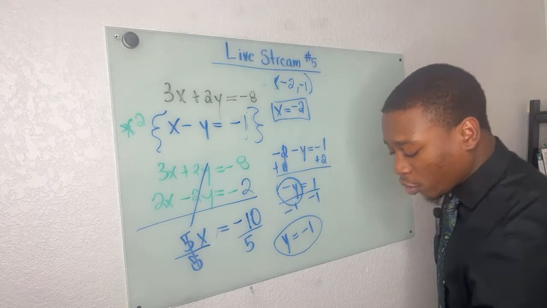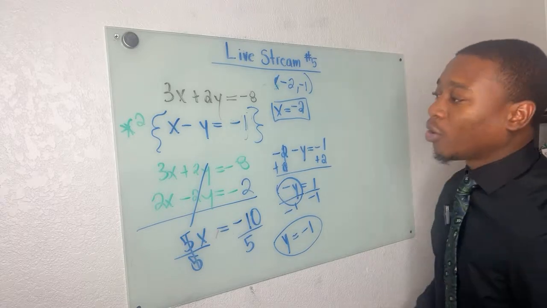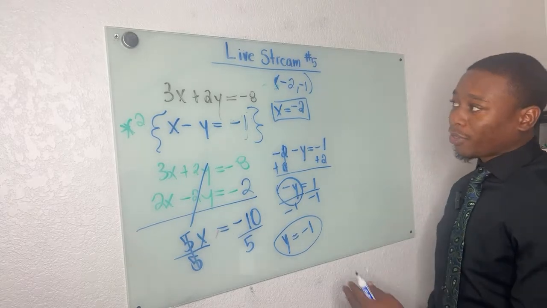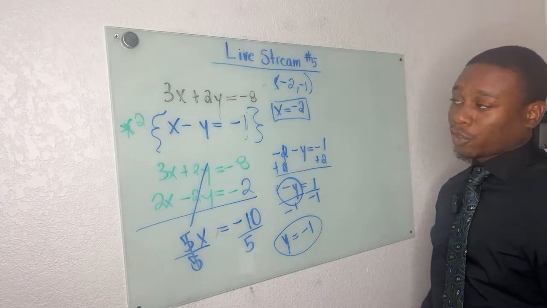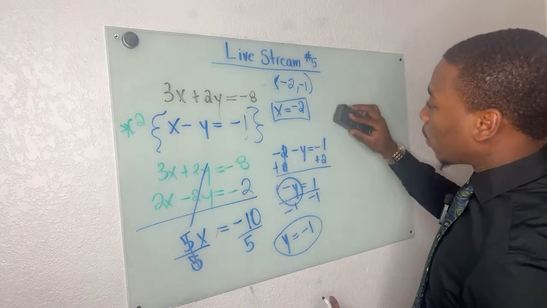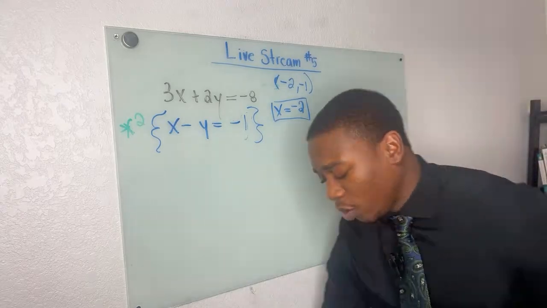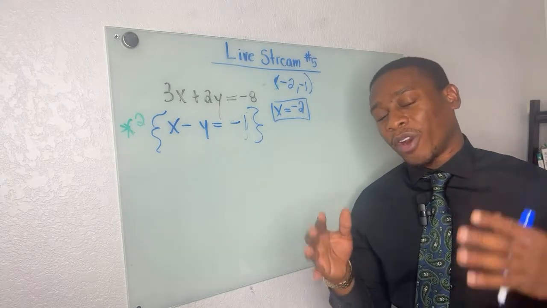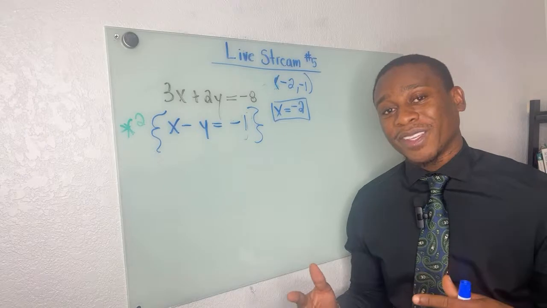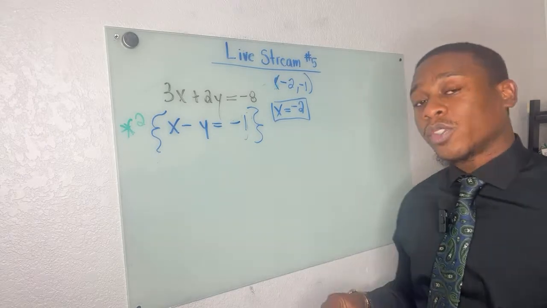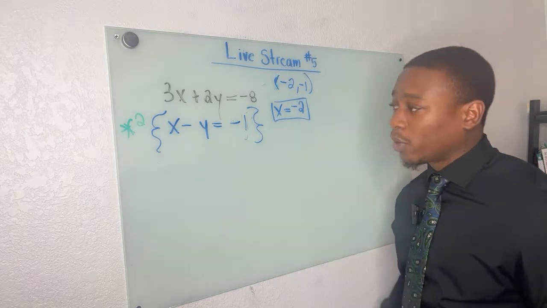And before I show you guys the graph, I'm going to go back and use a different method to get the same exact answer. So we're going to focus on using the substitution method, because I notice students normally are very good at one of the methods. So we're just going to make sure we touch both of them so we can help as many people as possible.